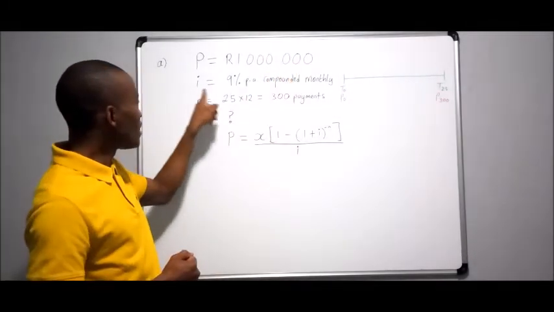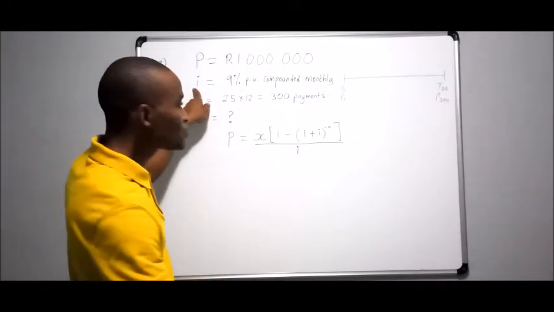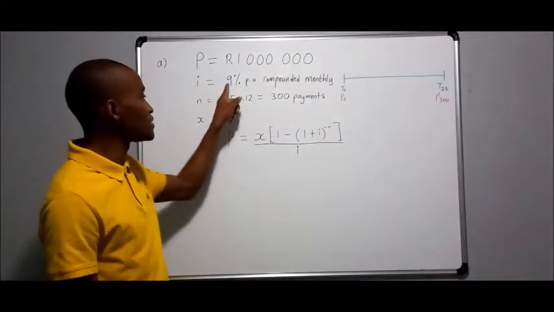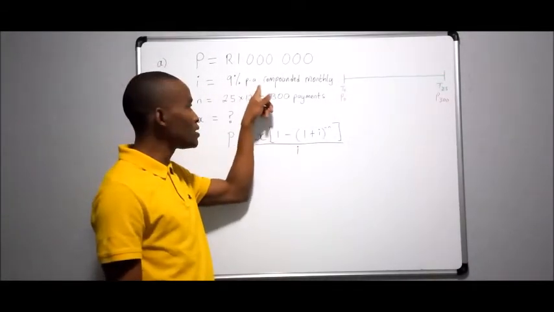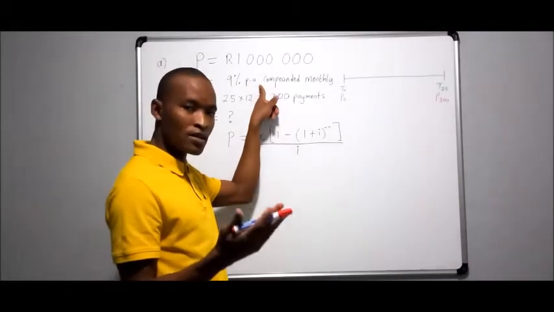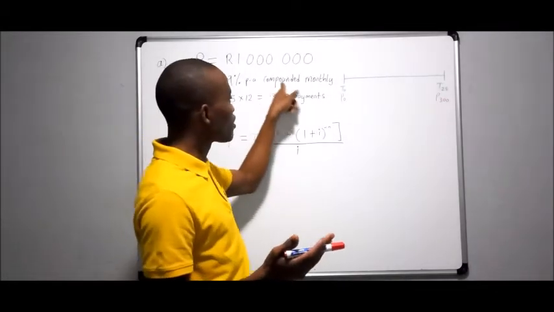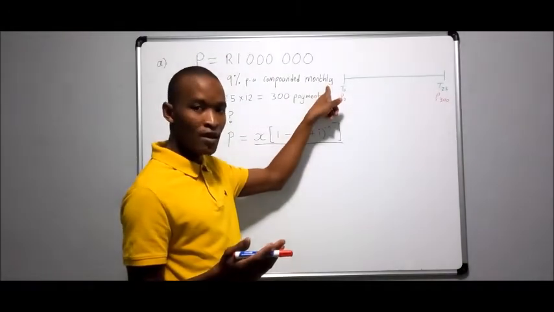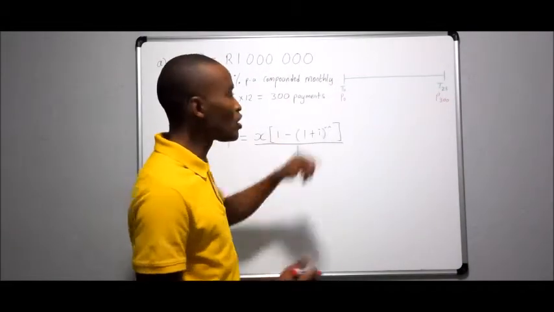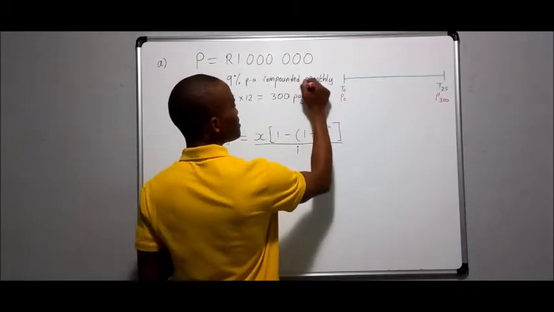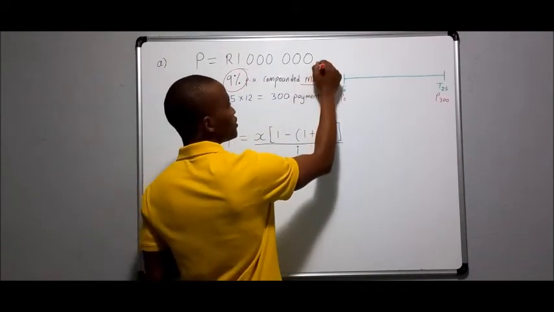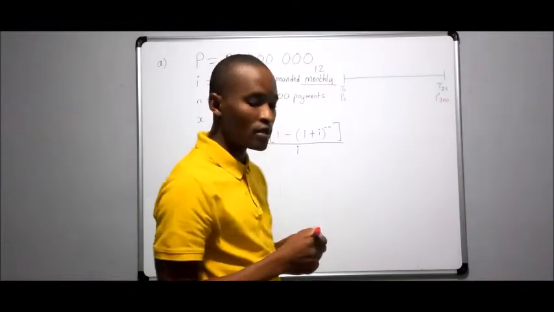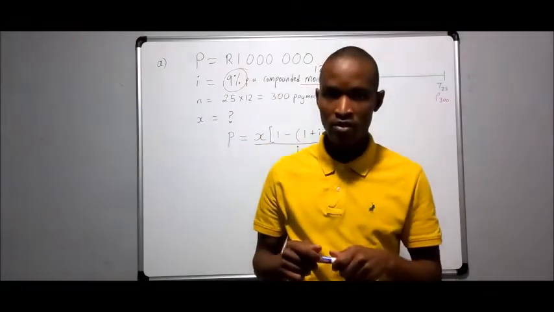The i represents our interest rate, and it is given as 9% per annum. Per annum means per year. But on what basis is it accumulating? Compounded monthly. In a year there are 12 months, which means this interest of 9% will be accumulating 12 times in that year.